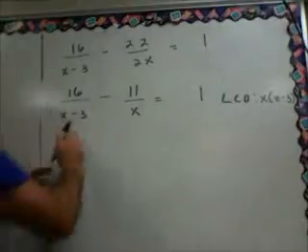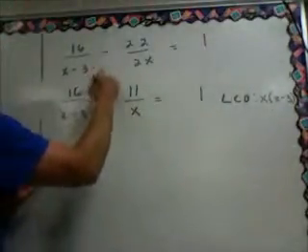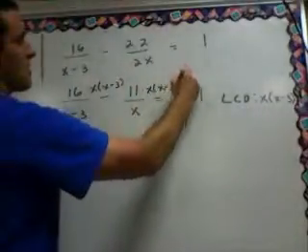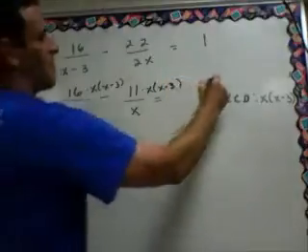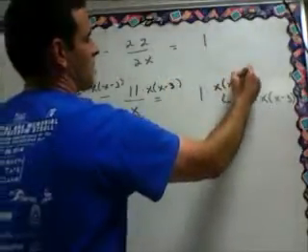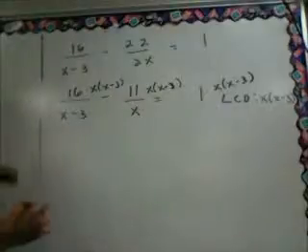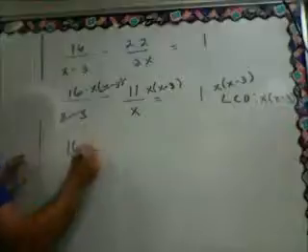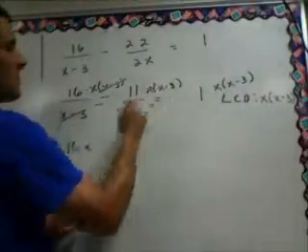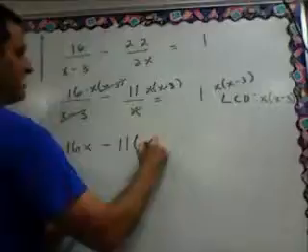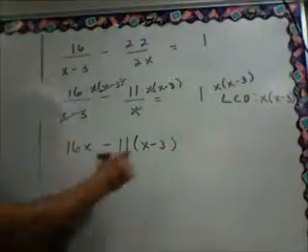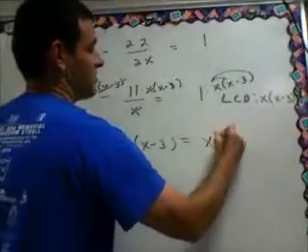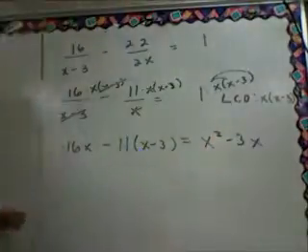So I'll take everything in here and multiply by the LCD. Again, that's going to get rid of all of our denominators. 16x minus 11 times x minus 3, and then over here we do have x squared minus 3x.